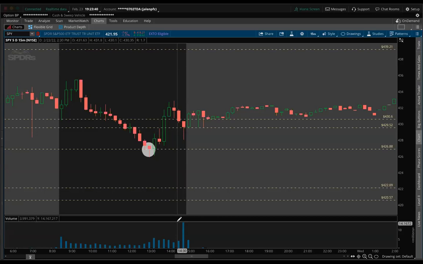Now, that is where a lot of people get confused. It can have a little bitty wick. We call it either a hammer or a pin bar. So you see right here, this candle, if y'all can see this, Thinkorswim is tripping. It ain't my Wi-Fi, y'all. But right here, we would consider this a little hammer.